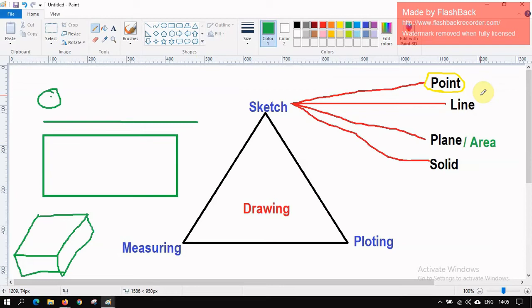Now let me give you one example. What do you mean by a point? Just try to make one assumption that will be very easy for you people: a point is an atom. If you combine atom upon atom, you can make one thread, right or wrong?